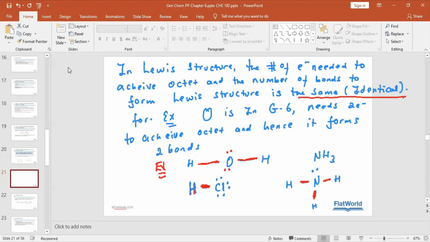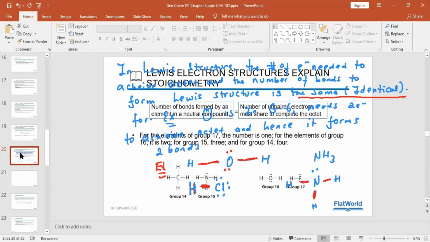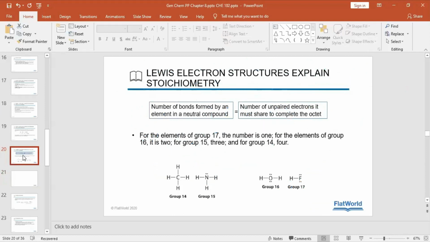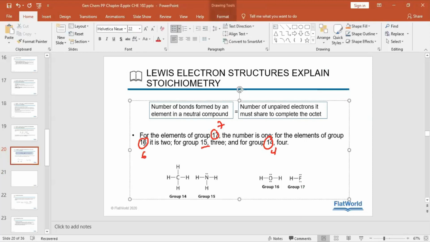So this is a good explanation for the slide that we had earlier. I was talking about this one here. For the elements of group 7, I don't like 17, but I will say 7, the number is 1. For the elements in group 16, that means 6, and this is like 7, so that we are avoiding confusion. Group 15 refers to group 5, so they require 3 bonds.